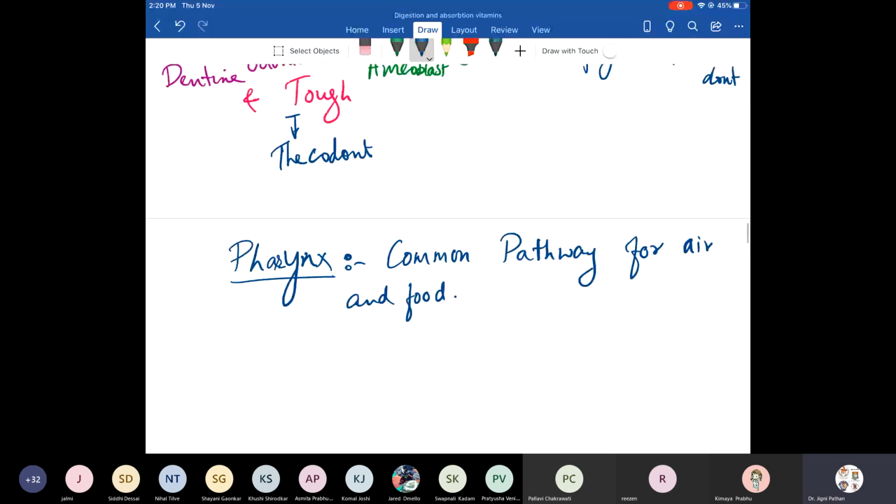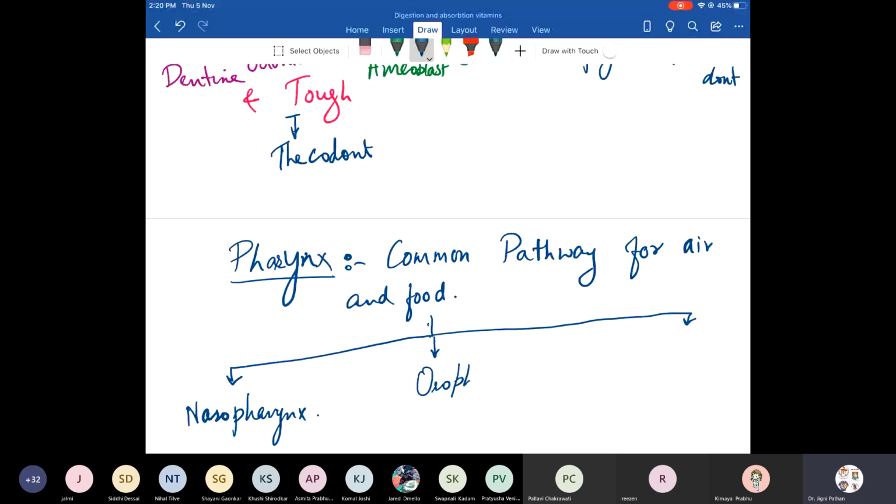The first is nasopharynx. The second is oropharynx. And third is laryngopharynx. You have nasopharynx, oropharynx, laryngopharynx.